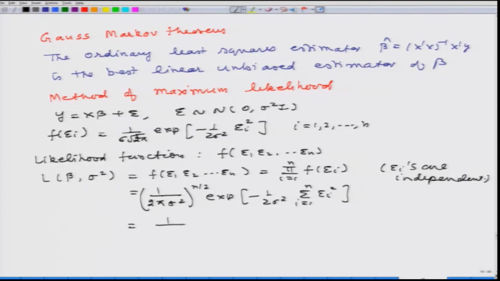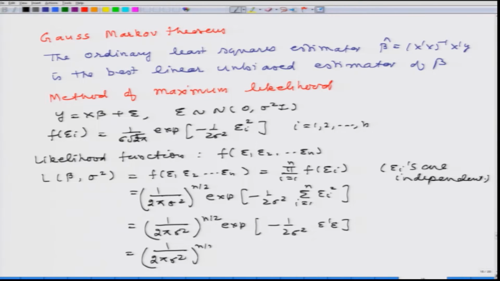And the same thing can be written as 1 upon 2 pi sigma square to the power of n by 2 exponential of minus 1 over 2 sigma square epsilon transpose epsilon. And this can further be expressed as 1 upon 2 pi sigma square to the power of n by 2 exponential of minus 1 over 2 sigma square y minus x beta transpose y minus x beta, right. Okay.